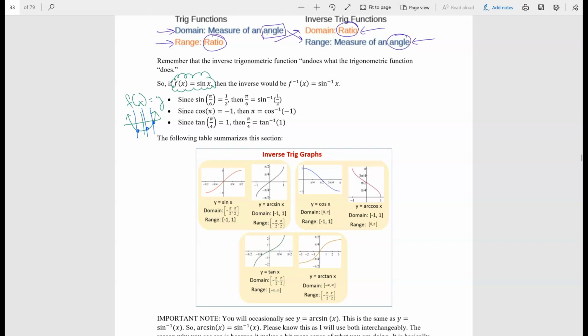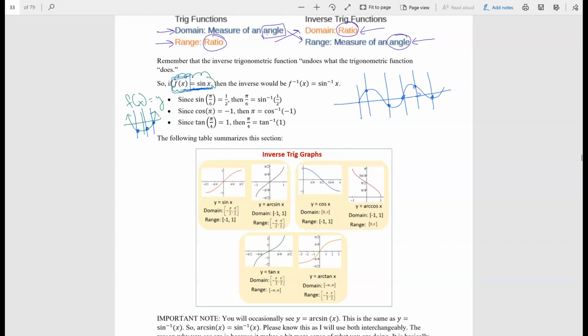Clearly, if I graph the sine function, it looks like this, and it continues on. Each vertical line is going to go through the graph only once. That's just about f of x, in case you forgot.